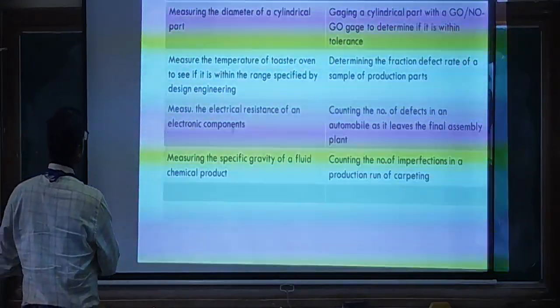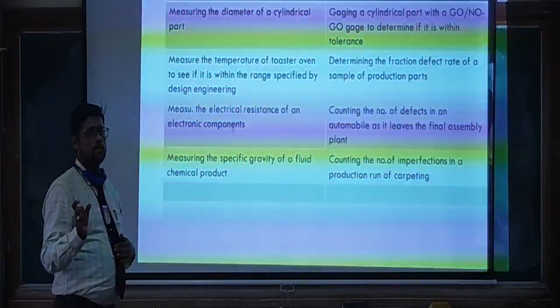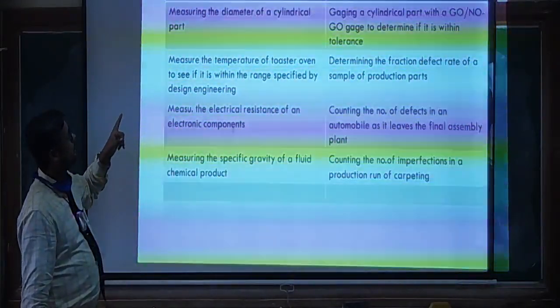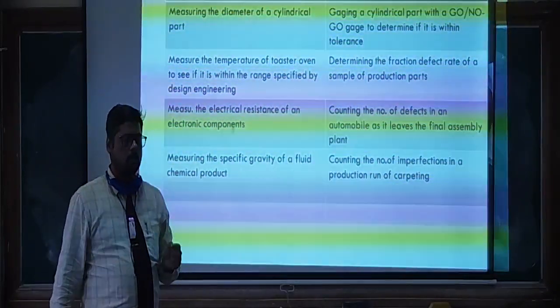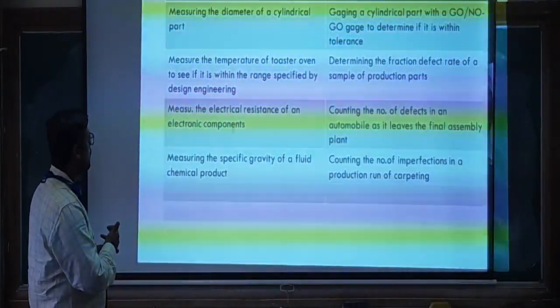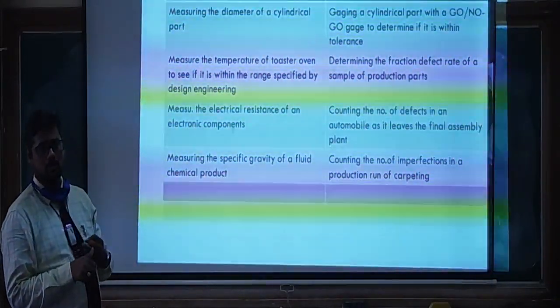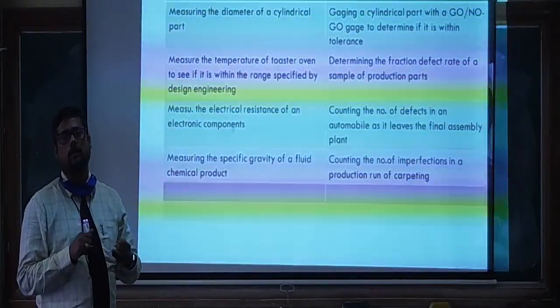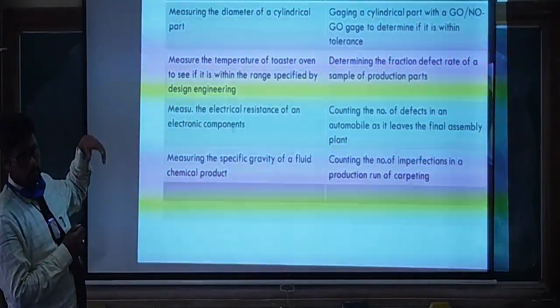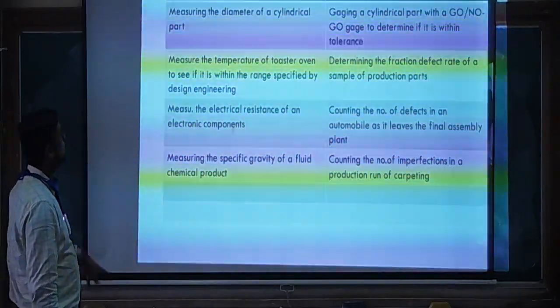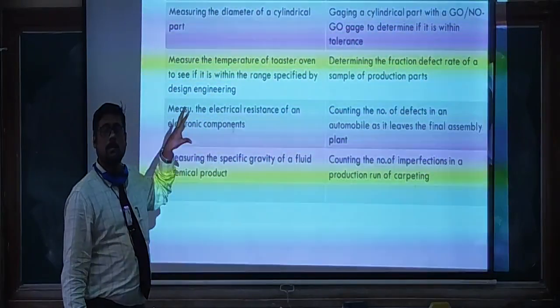If some dimension needs to be measured, measuring the diameter of the cylinder, this is inspection by variables. Different types of variables we can inspect on that part, whether it is a step diameter, the taper turning operation diameter, major and minor diameters or other diameters. This will come under examples for variables.